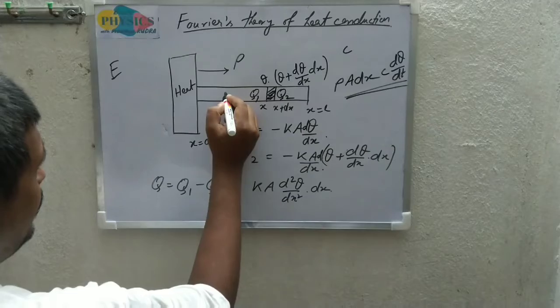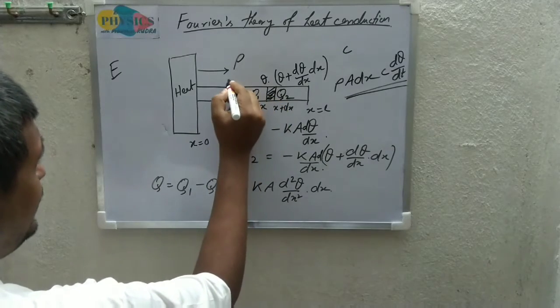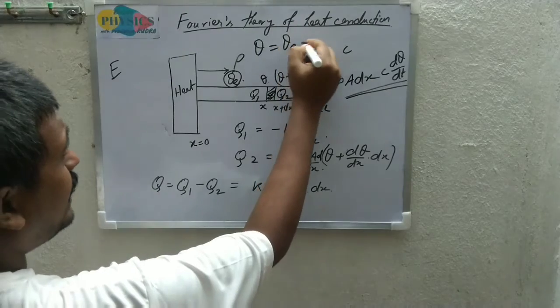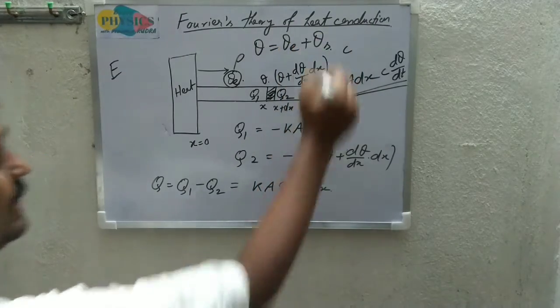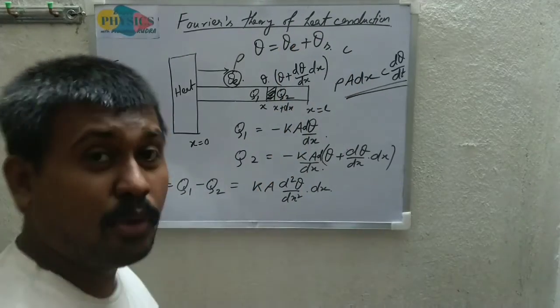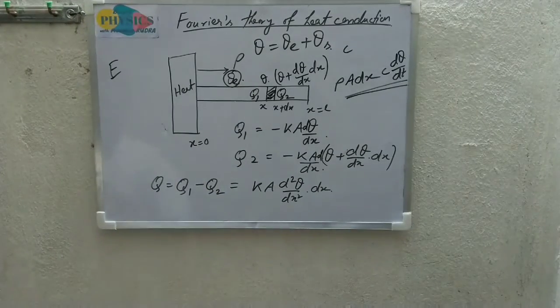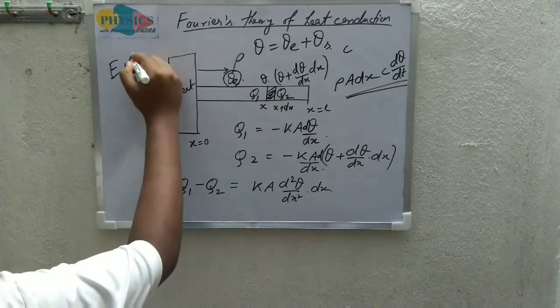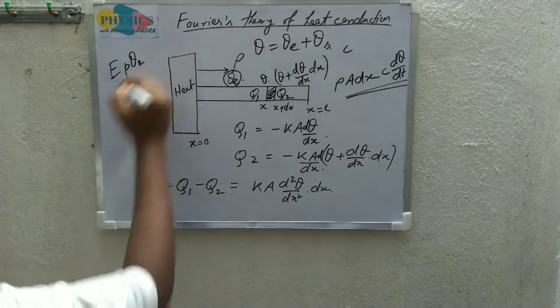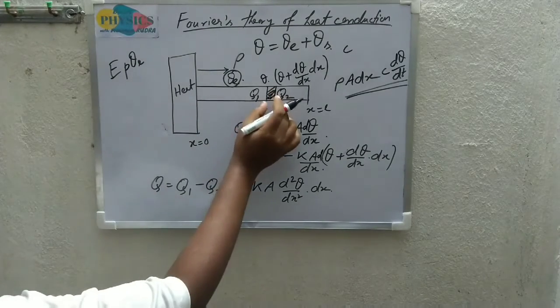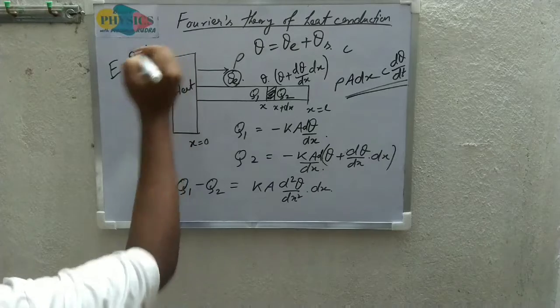We consider the rod, this portion temperature is theta E. Basically theta equals theta E plus theta S, where theta S is the surrounding temperature, which always remains constant. Then we can write for this, E P theta E is the excess temperature, that's why radiation happens for this section, dx into dx.